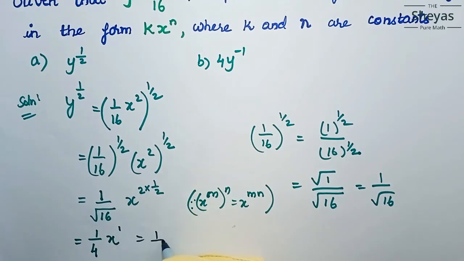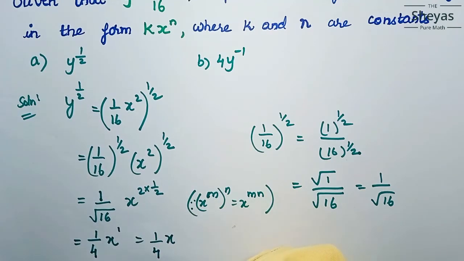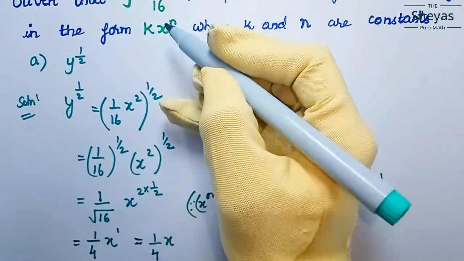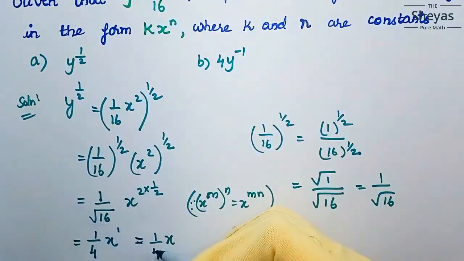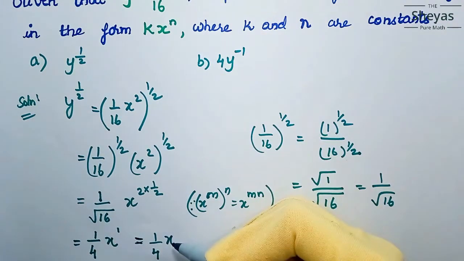That is nothing but 1 by 4 into x. So 1 by 4x is the required answer. It is of the form k x power n, where k is equal to 1 by 4 and n is equal to 1 here.